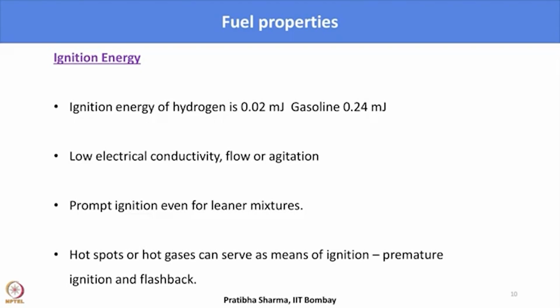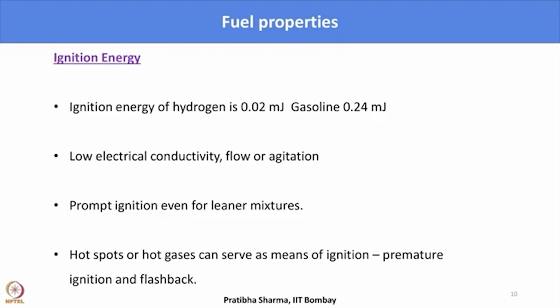The electrical conductivity of hydrogen is poor. So, any flow or agitation in the case of gaseous or liquid hydrogen can result in electrostatic charges leading to a spark and causing an ignition. As such, whenever hydrogen is contained, those vessels and containment devices are usually grounded.